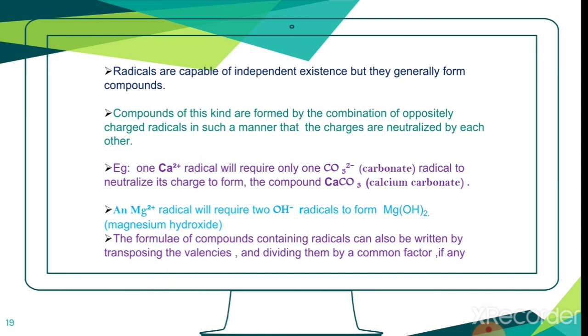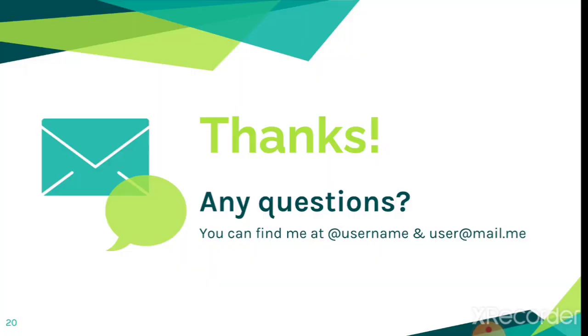We have divided the valency 2 by a common factor. That's why they do not exist as Cu2(CO3)2. That means we can divide by the common factor 2, and we get CuCO3 as the compound.